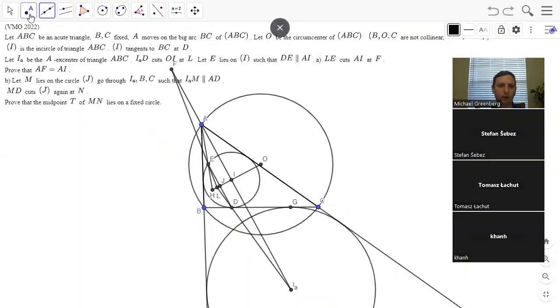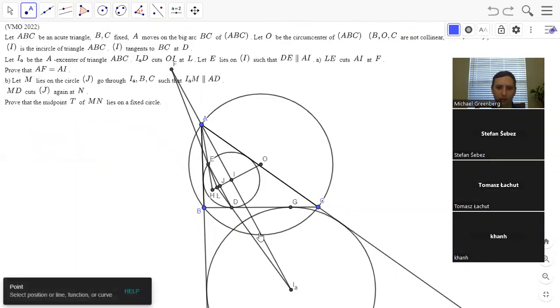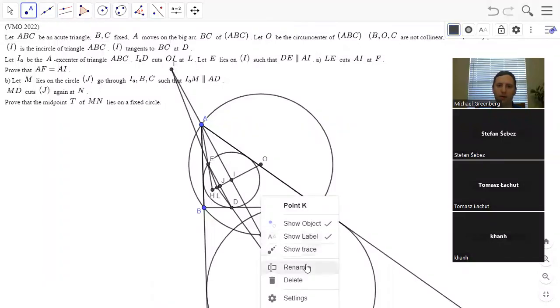Okay, so we want to show HD and this point M are collinear.